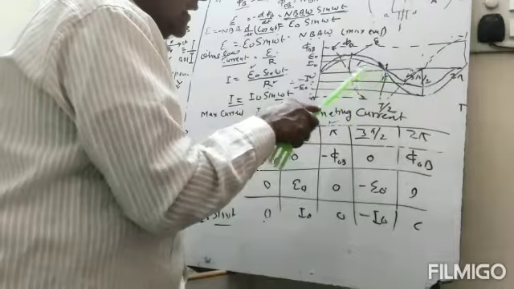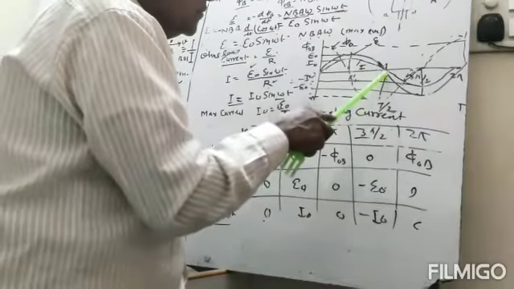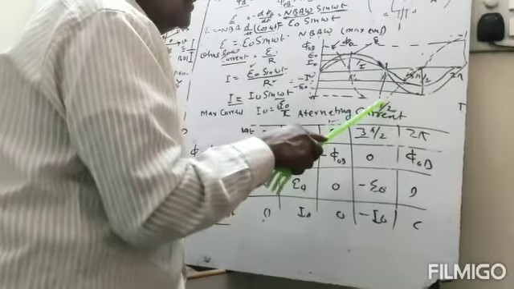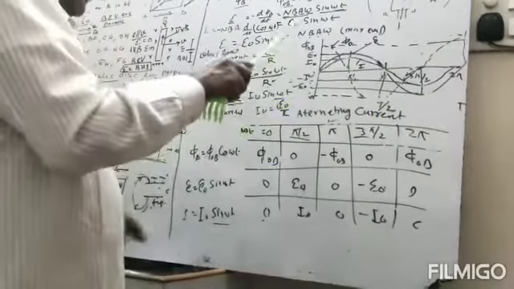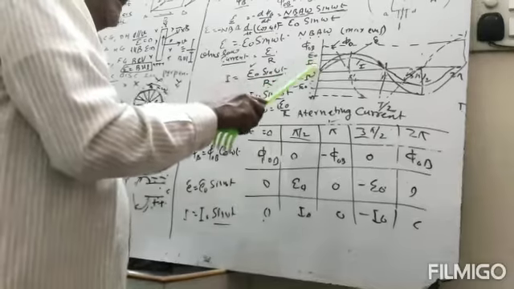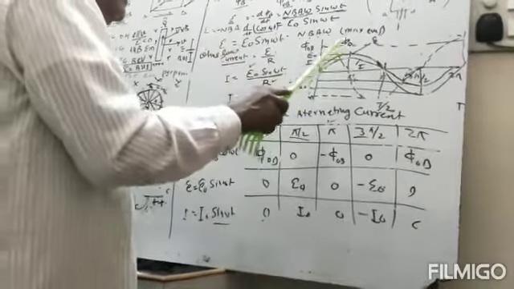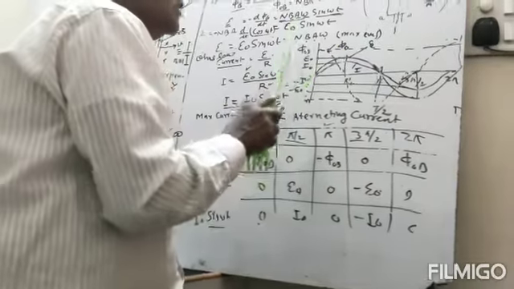Here, when the current is 0, EMF is 0 and flux is maximum, though it is in the negative direction. So when the EMF and current are maximum, flux is 0. When current and EMF are minimum, then flux is maximum.